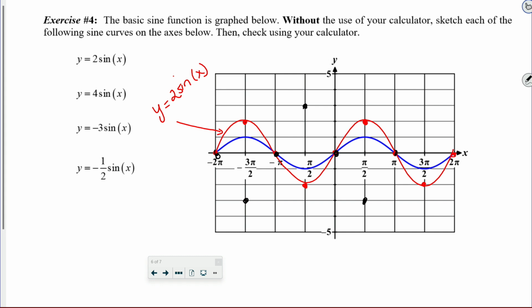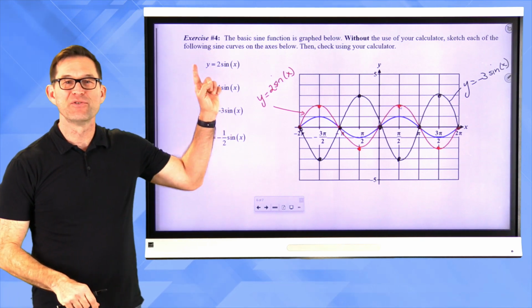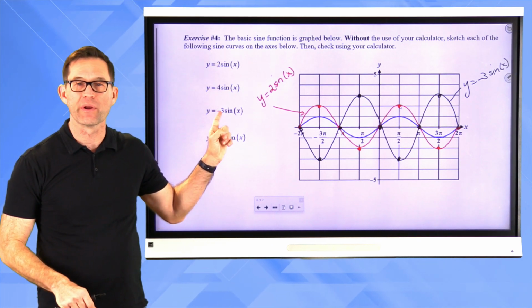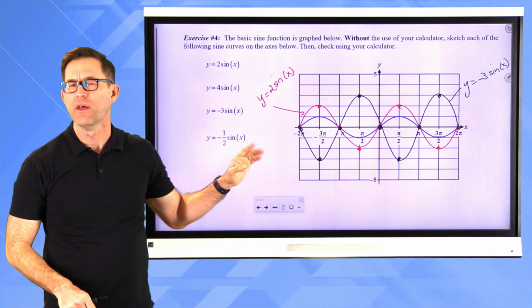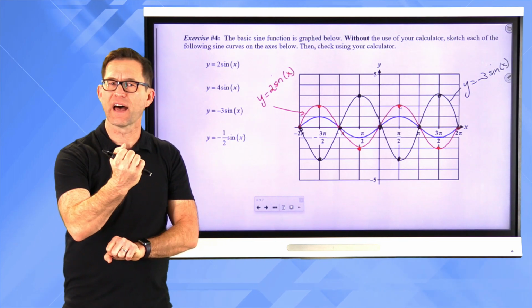So we end up getting a graph that kind of looks like this. And that is y equals -3 times the sine of x. Nice, right? Amplitude of 2, amplitude of 3, not an amplitude of -3. The only thing that negative is doing is flipping across the x-axis.